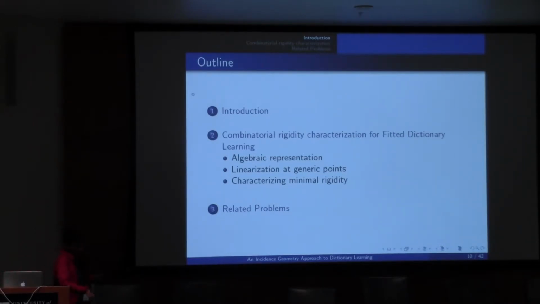How do you work with these hypergraphs, and how do you show when there exists a dictionary solution for the fitted dictionary learning problem, and when there exists a locally unique solution? What is the characterization of that?